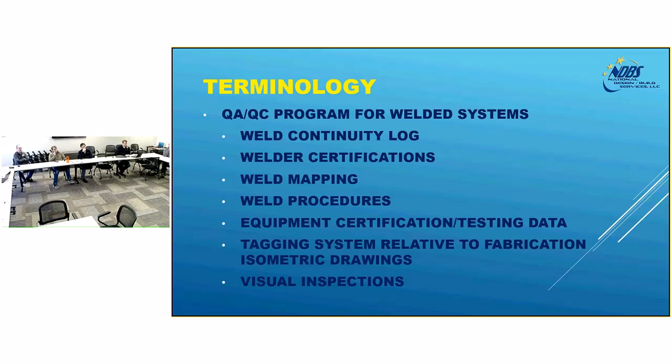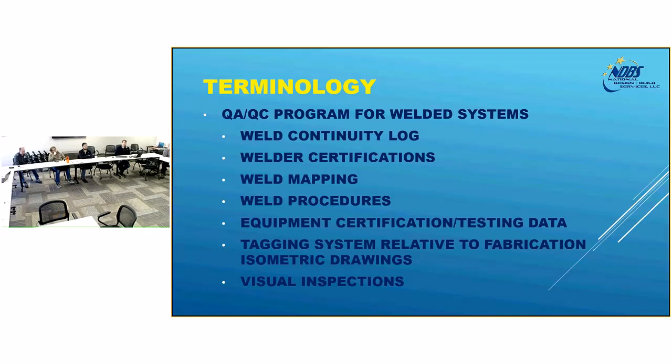So a weld continuity log is basically a set of documents that shows all the ISOs are in there, all the certs are in there, all the mapping and all the procedures are in there. So it's kind of the cover sheet, if you will, that describes this is how we're going to document all this welding that's going to happen.